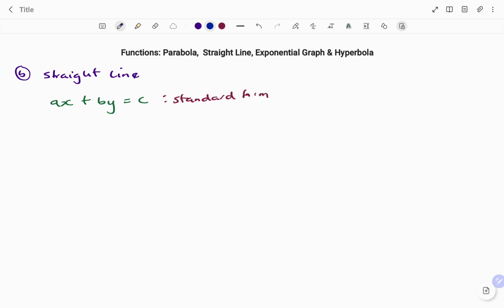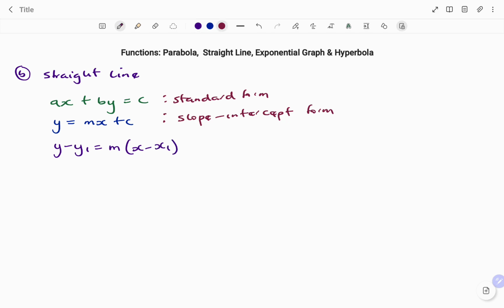The second format is the slope-intercept form that states that y equals mx plus c. And the third format, that's my point-slope form. That is, I have y minus y1 equals a gradient m in bracket x minus x1.